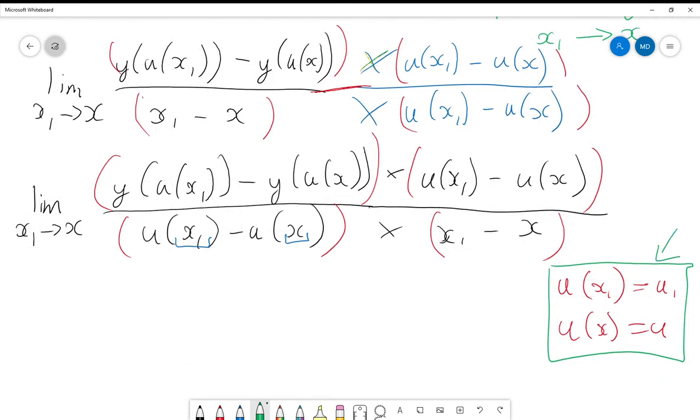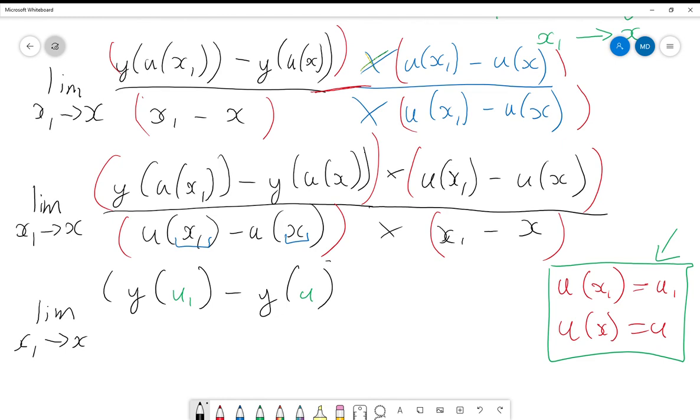So we're going to get the limit as x1 tends to x of y of, in this case I'm just going to call it u1, minus y of u, and again I'm just going to call this u at this point rather than u of x, all over u1 here, and u here.